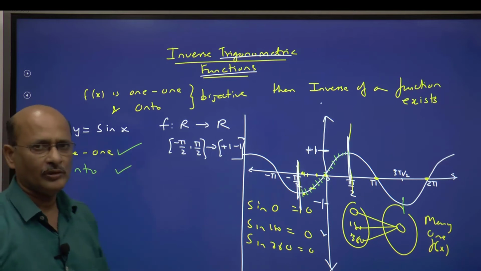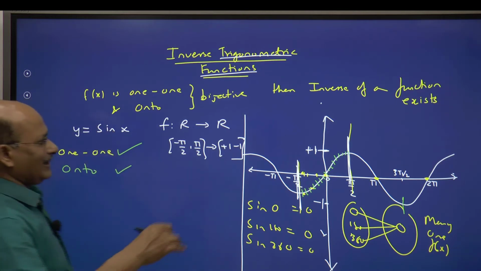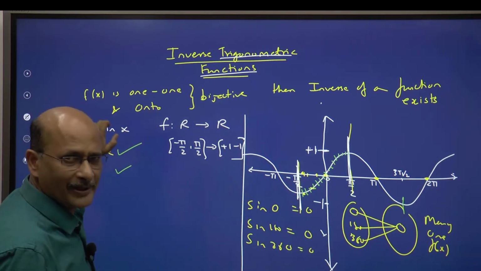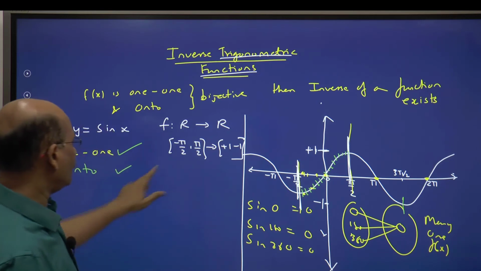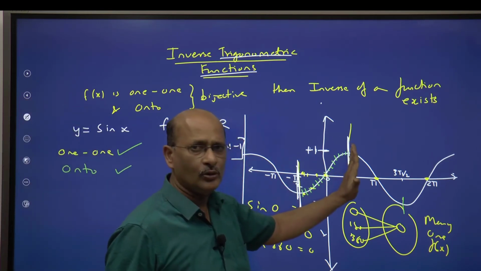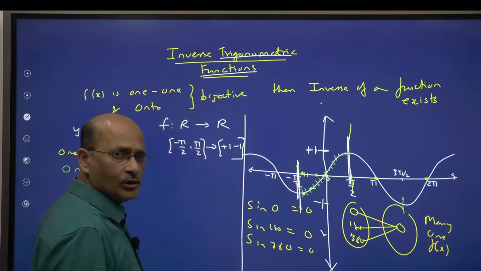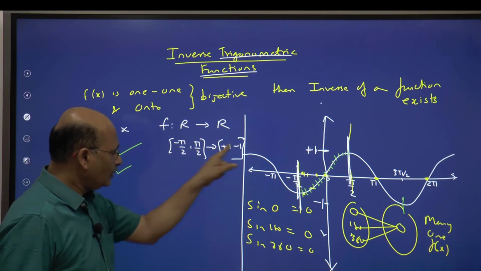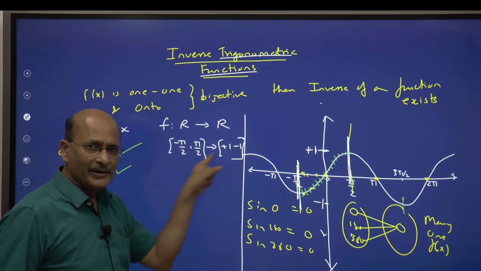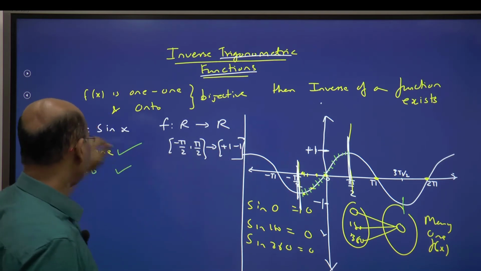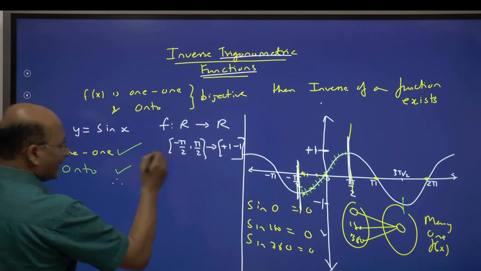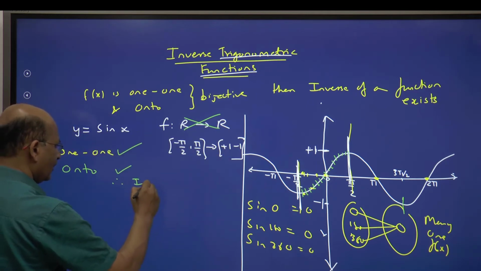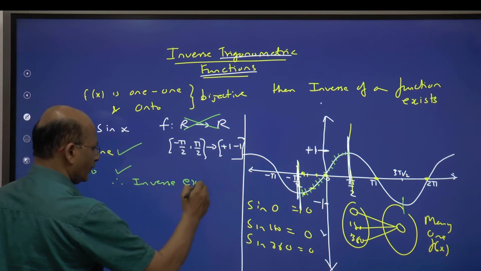So the message here is that if I define the trigonometric function for the domain minus pi by 2 to pi by 2, with range minus 1 to plus 1, then the function is one-one and onto. Therefore, under this condition, not the earlier one, I can say the inverse exists.